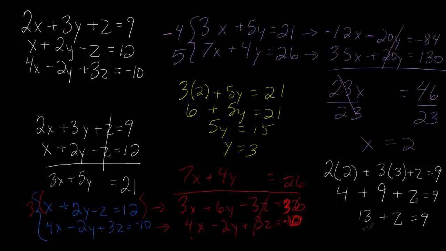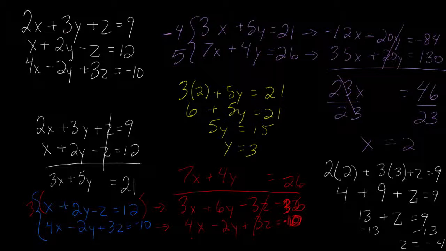Subtract 13 from both sides. Kind of running out of room here. And z equals -4. So you have your final answers here: x equals 2, y equals 3, and z equals -4.